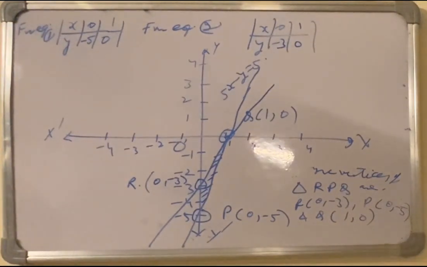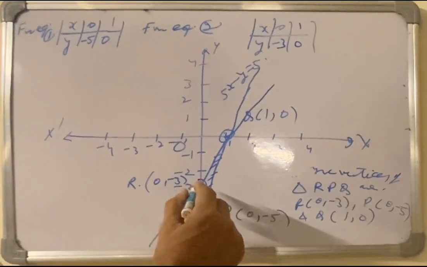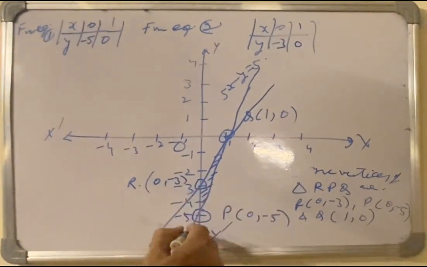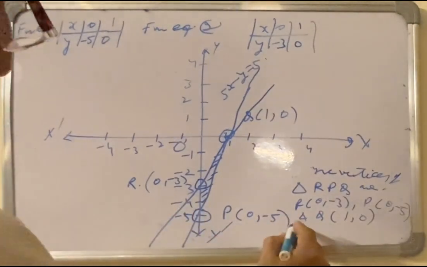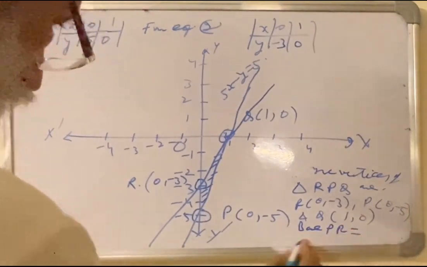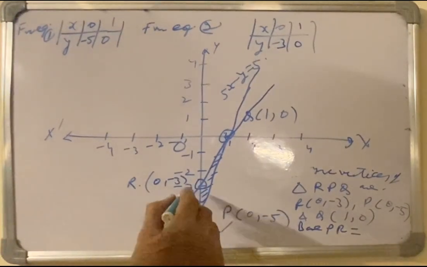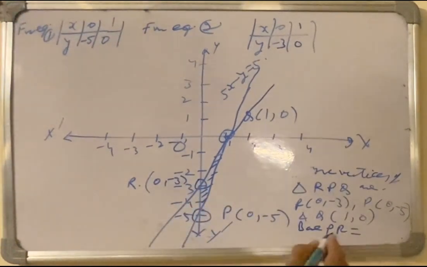Now from the figure you can see that the base of the triangle is PR. Base PR is the distance between P and R. There are 2 units. It is 2.